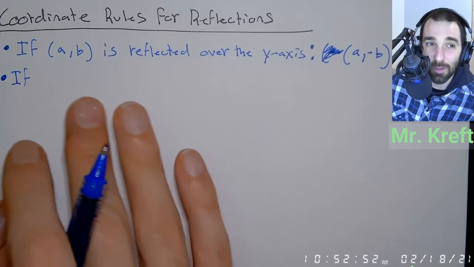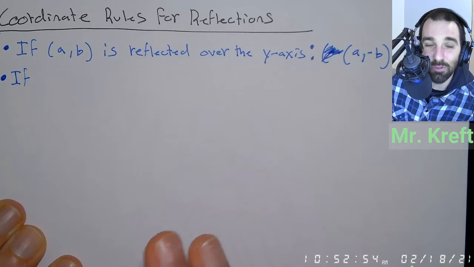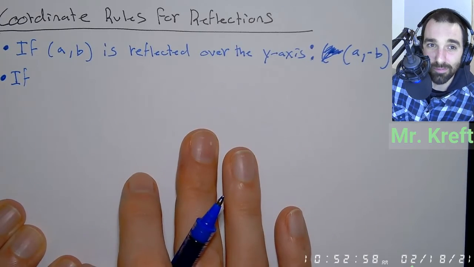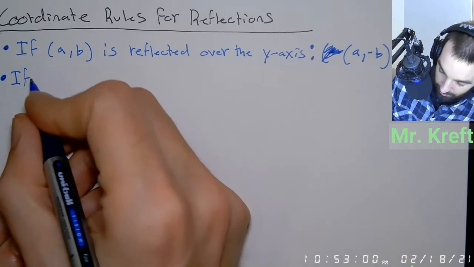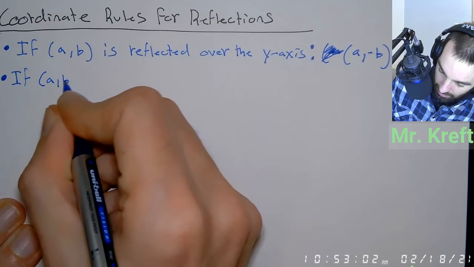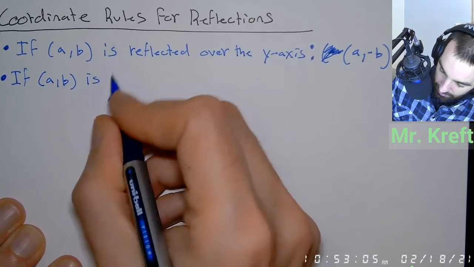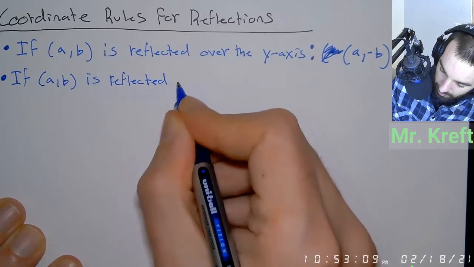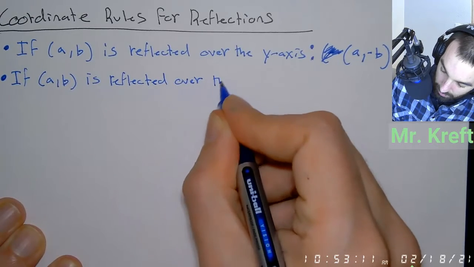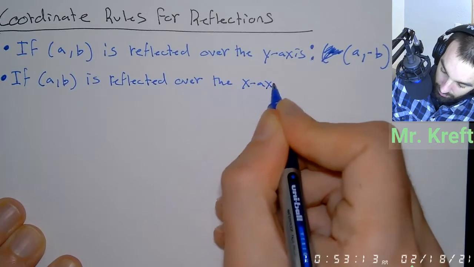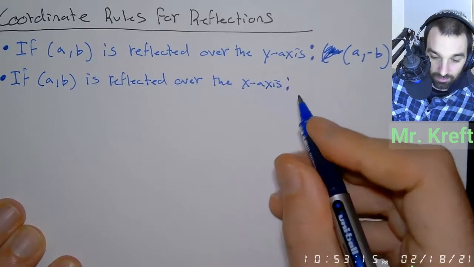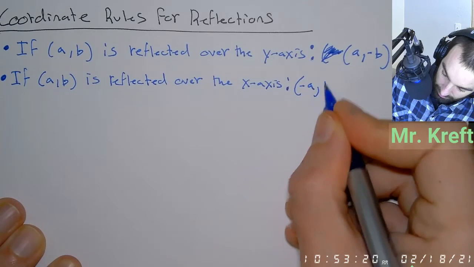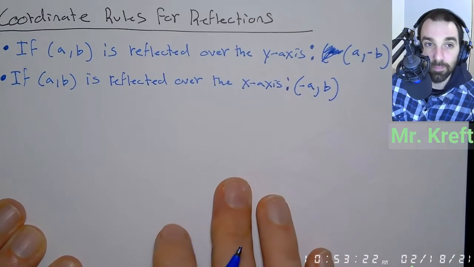Okay, so I just really want to stress, I'm telling you these, but they are a waste of time to remember. The only reason I'm telling you these is because everything is open notes. So if you have a point A, B and it is reflected over the x-axis, so everything the same, but now it's the x-axis, then the y changes sign and the A stays the same.